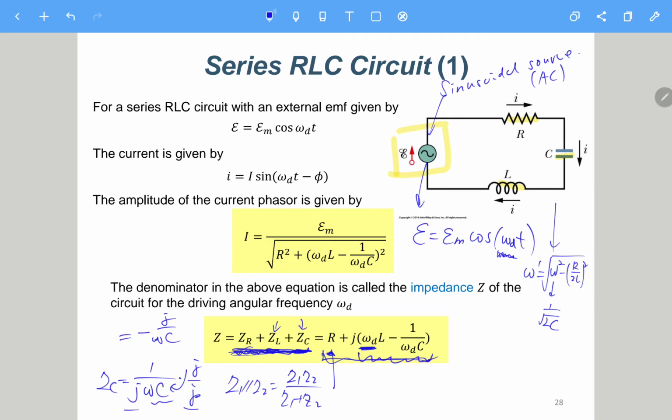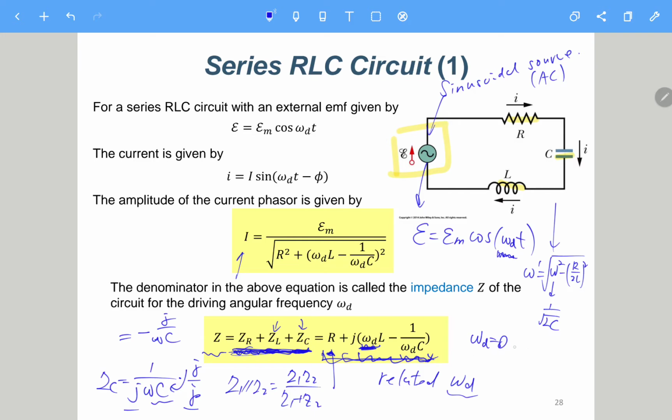The imaginary part is related to omega_d. If omega_d is 0, then this term is 0 and this one becomes infinity, so of course the impedance is infinity, which means the current will be 0.